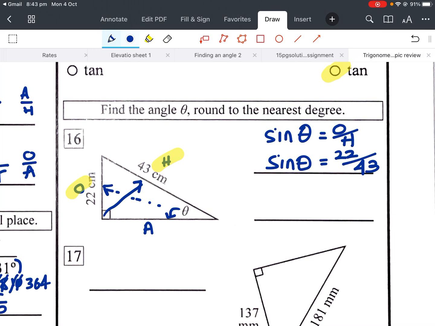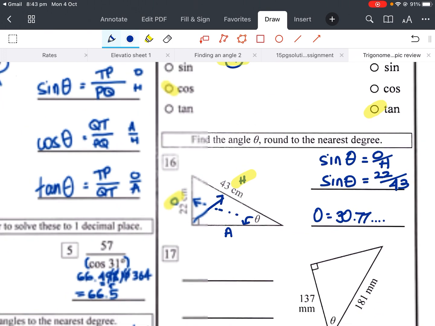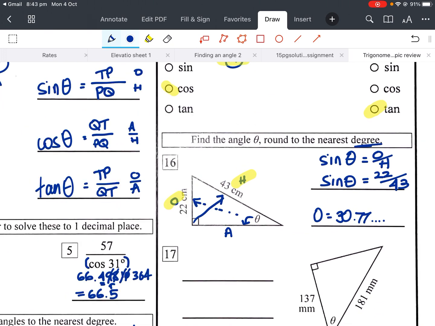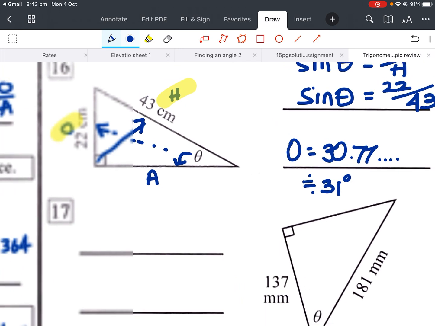If you got an open brackets, can you close it please? Press equals. I got 30.77. So theta equals 30.77. All right, and it says to the nearest degree. So what's that to the nearest degree? 30.7, 7 means I round up, doesn't it? So 31 degrees is my answer.